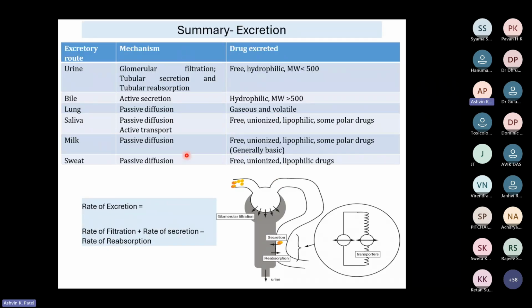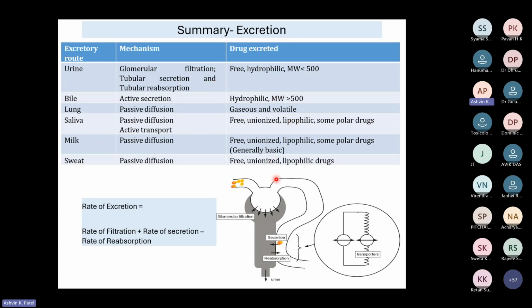So, a summary of excretion. There are different mechanisms of excretion for urine, bile, lungs, saliva, milk, and sweat. Mostly it includes active and passive diffusion, except in the urine, where it is glomerular filtration.